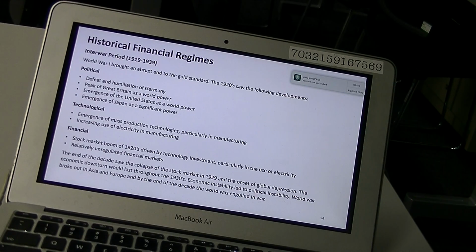Technology: we saw the emergence of mass production technologies, particularly in manufacturing, and the increasing use of electricity in manufacturing. Now, if you take this course in the second semester, we're going to talk a lot about technology and the effect of technology on economies.